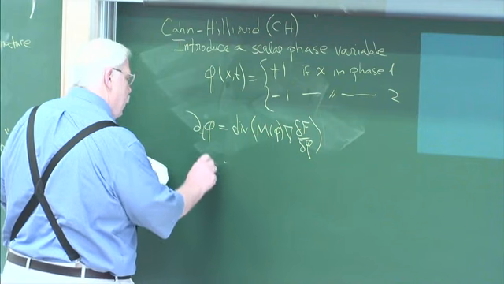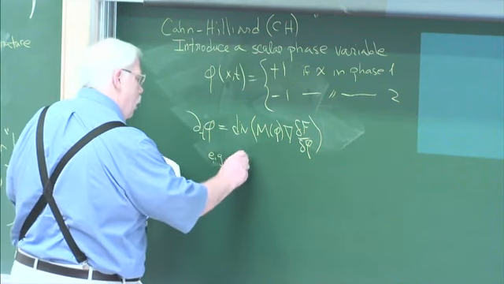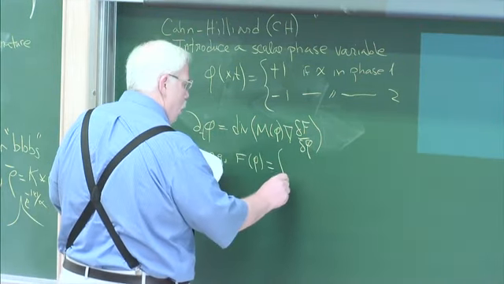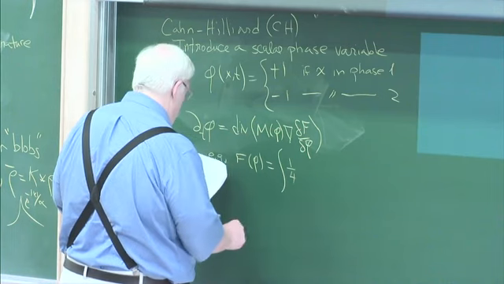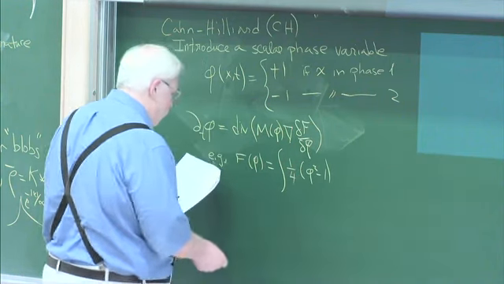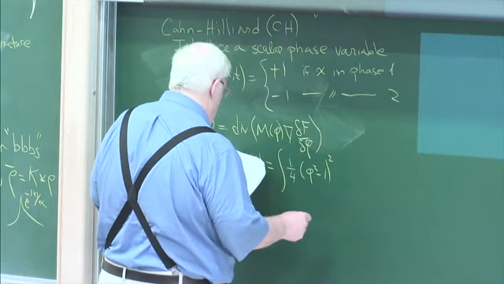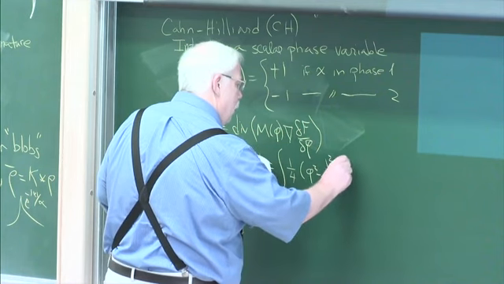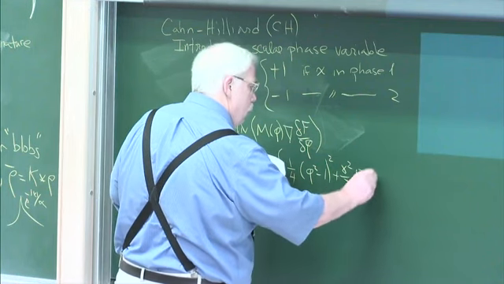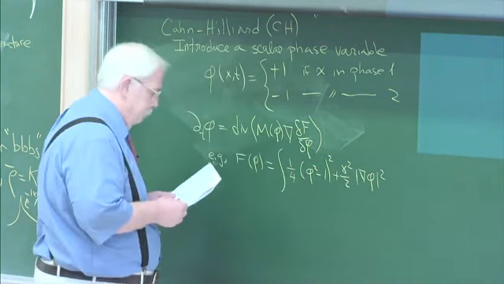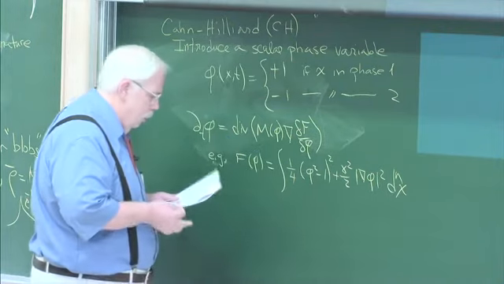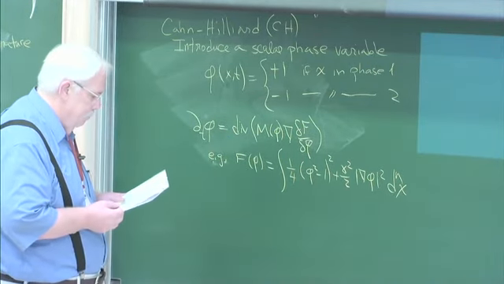So for example, F of phi is the integral of 1/4 (phi squared minus 1) squared plus gamma squared over root 2 times grad phi squared, integrated over dx over whatever dimensions we need.